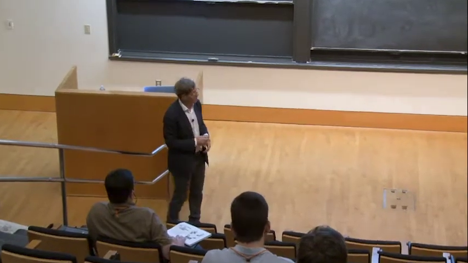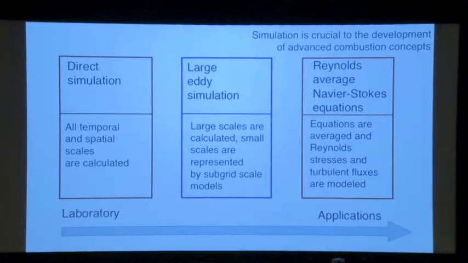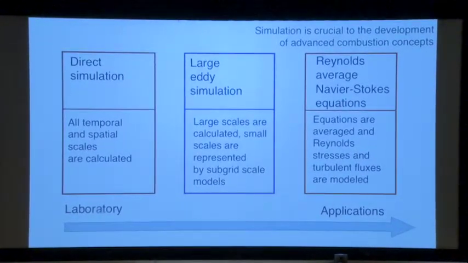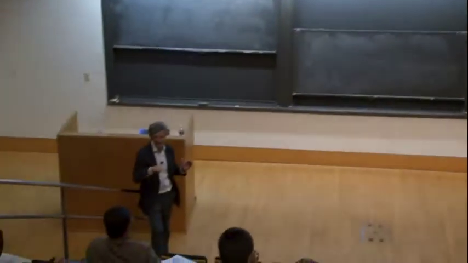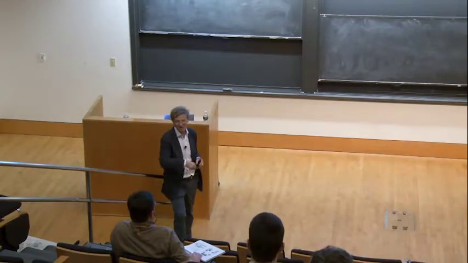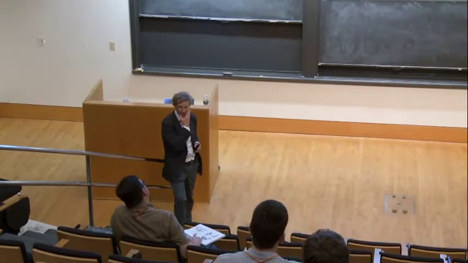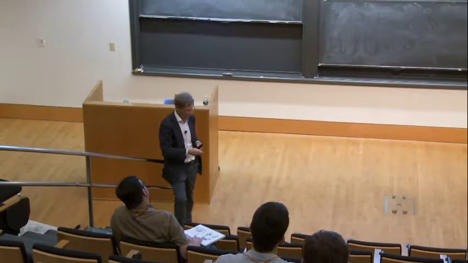The problem here is that you need models, models for everything, for the Reynolds stresses, for the turbulent fluxes, and the most difficult one is for combustion. How do you average the combustion, the reaction rates? So that's a big problem, has been extensively studied during all these years. A lot of models have been developed.